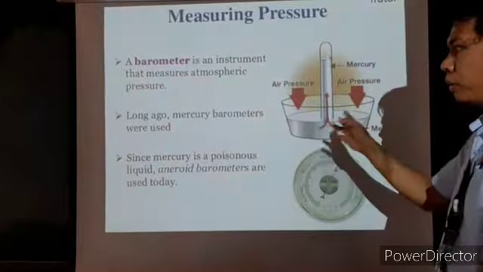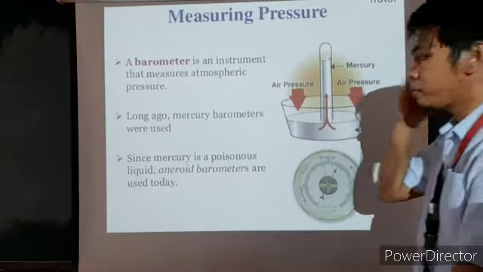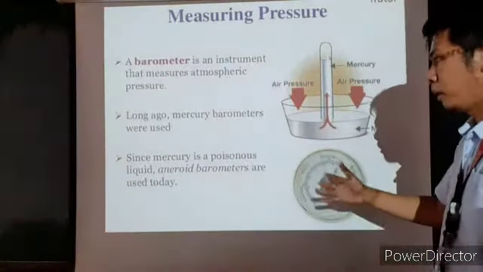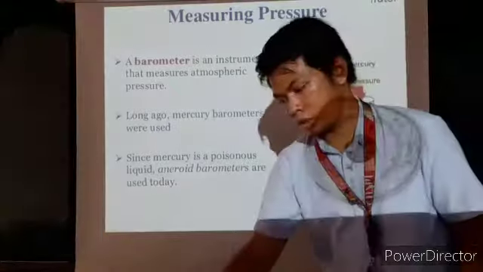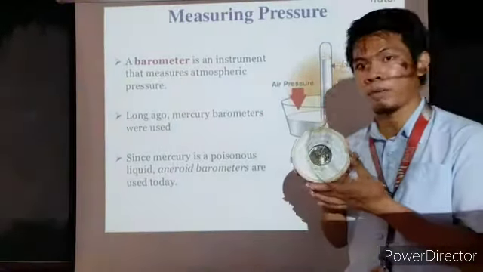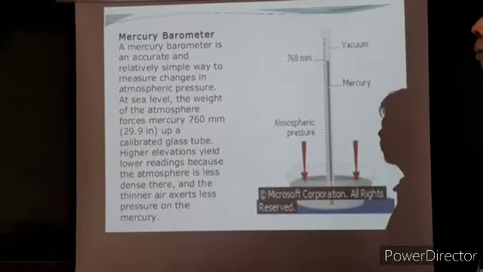But long ago, mercury barometers were used. Mo na siya ang ginagamit. But since mercury is a poisonous liquid, aneroid barometers are used today. So this is the example of an aneroid barometer. So we have this one available in our laboratory. Okay. So we have mercury barometer.